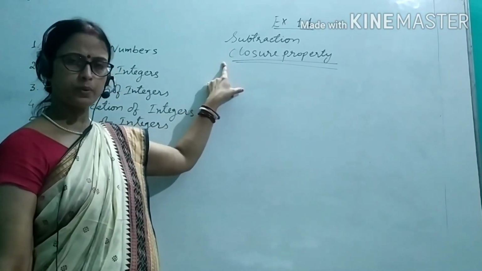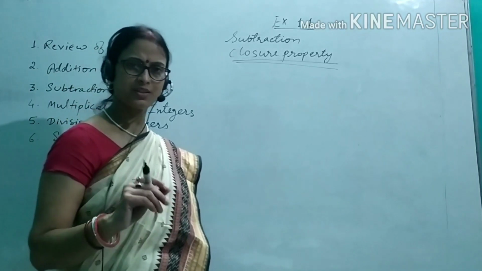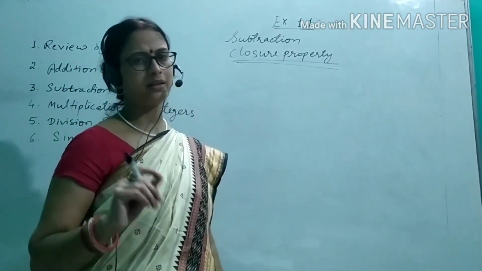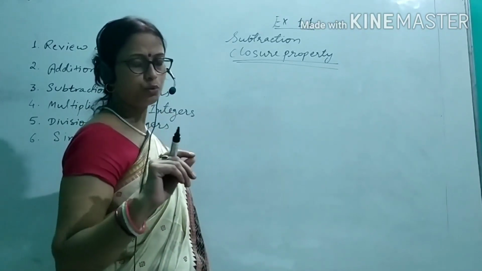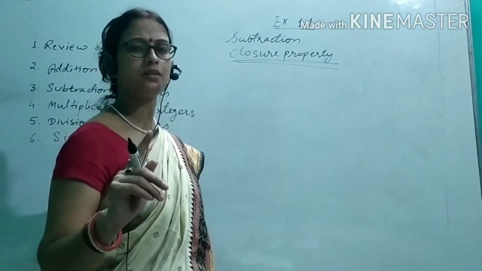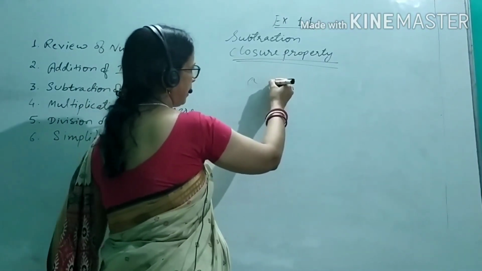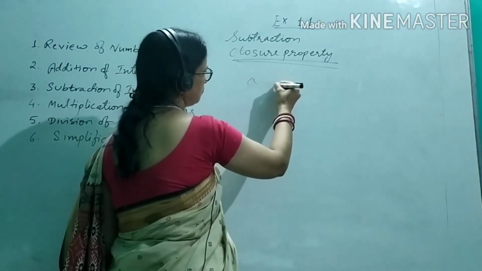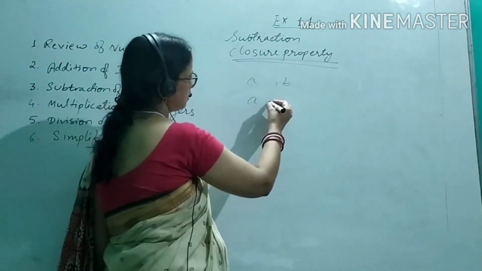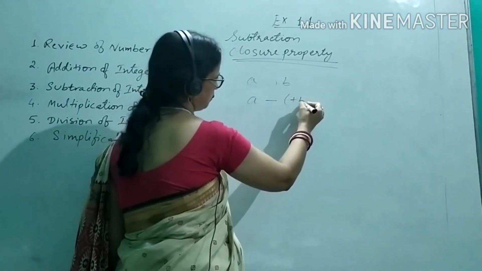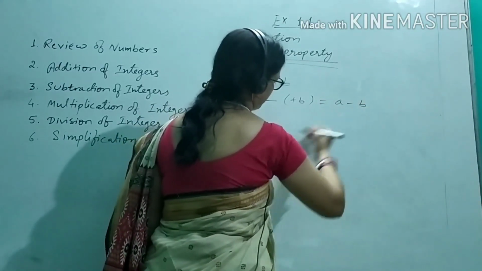Subtraction follows the closure property, according to which, just as the sum of two integers is always an integer, when we find the difference of two integers, we always get an integer. Suppose a and b are two integers. If we find the difference, a minus b, the result will be an integer only.